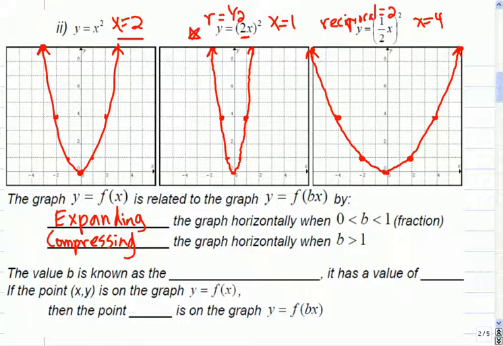So you can probably guess what b is known as. Can you, if the other one's the vertical stretch factor? Yeah, the horizontal stretch factor. So again, you can abbreviate this HSF as in the horizontal stretch factor.